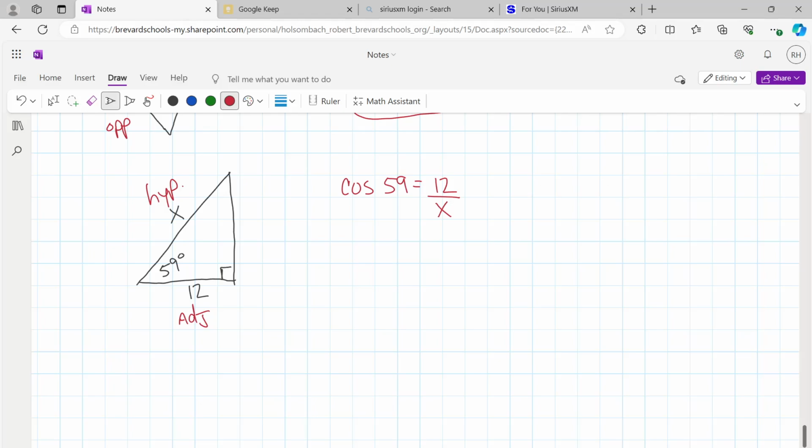All right, variable in the denominator, we get an extra step. So multiply both sides by x. On the left-hand side, we get x times cosine 59. On the right-hand side, the x's cancel and the 12 comes down.